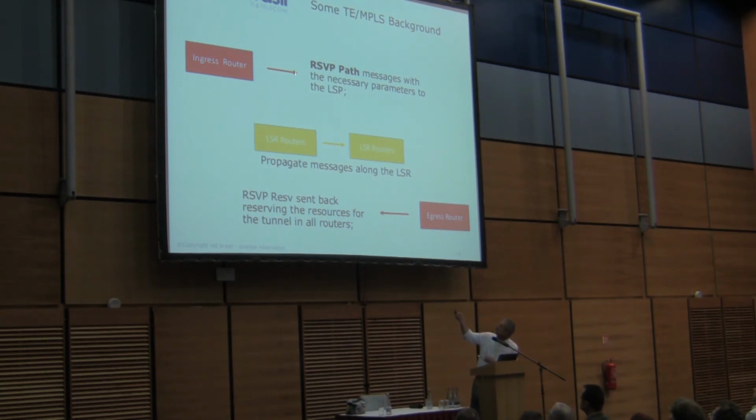The ingress router sends RSVP path messages with the necessary constraints, and the internal routers only propagate the messages, and the egress router sends back the RSVP messages, reserving the resources for the tunnel on all the routers along the path.